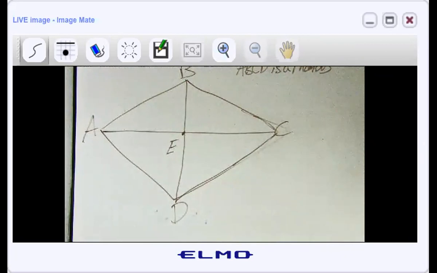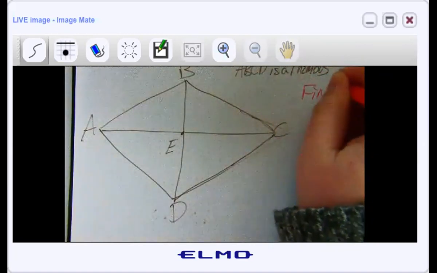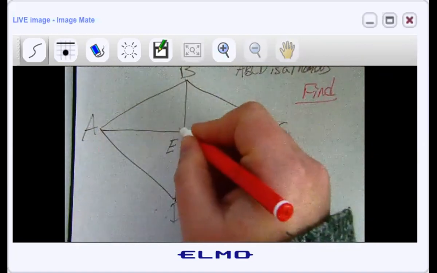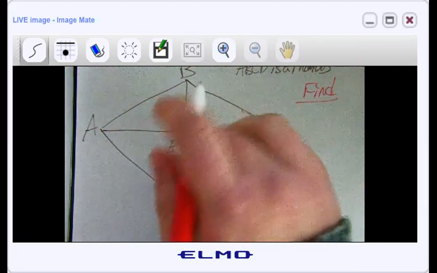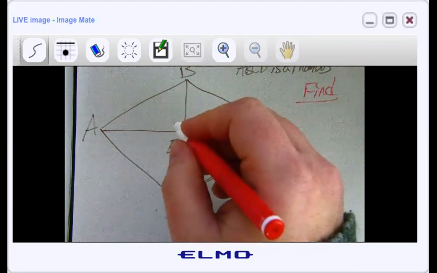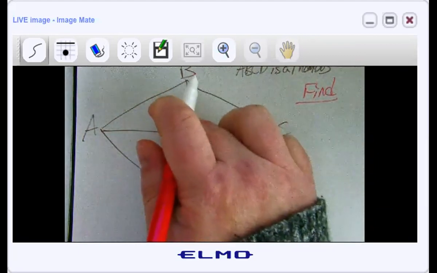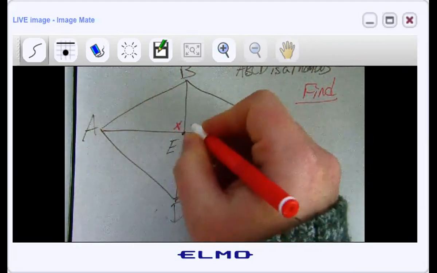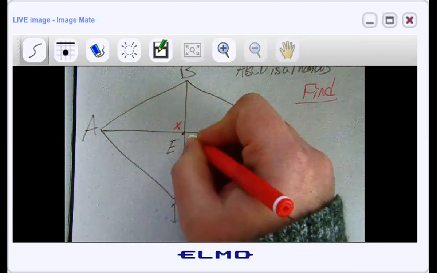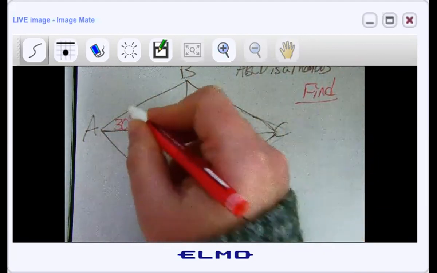Let's give you the following. I want you to find, I think I should use variables instead of numbers. Sorry. X, y. Let's make this 30 degrees right here.